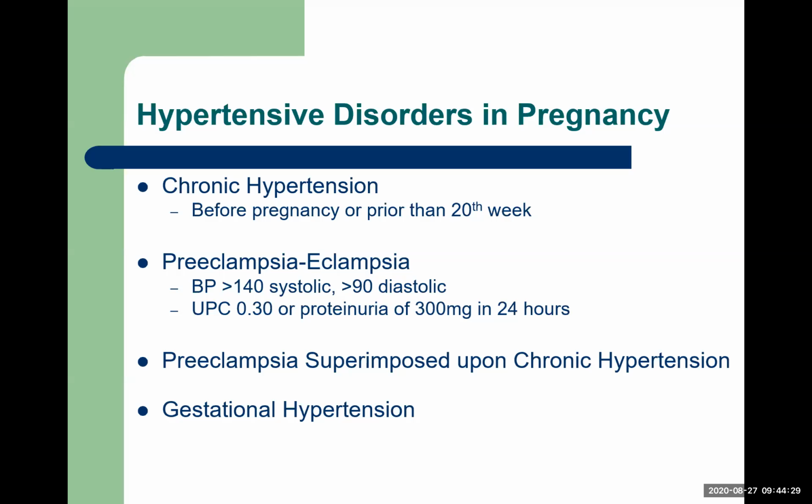It used to be standard to obtain a 24-hour urine collection in the past, but nowadays we have the great advantage that this can be done with the UPC, and we can obtain a pretty accurate diagnosis, but also a faster diagnosis so that we know how to manage the patient.